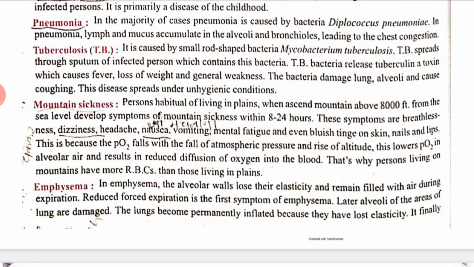Next we have emphysema, a lung condition that causes shortness of breath, in which we can't breathe properly.